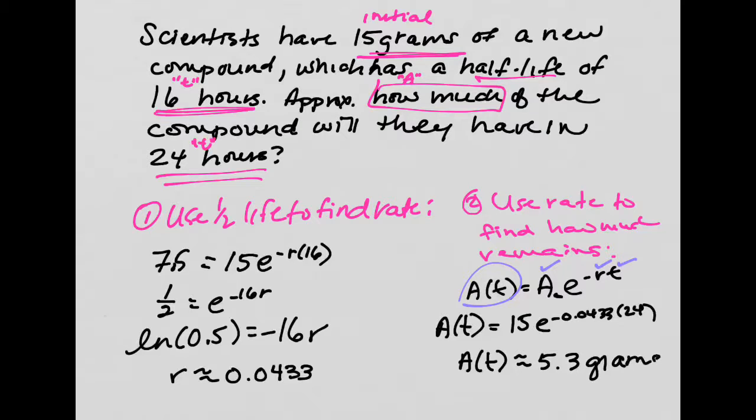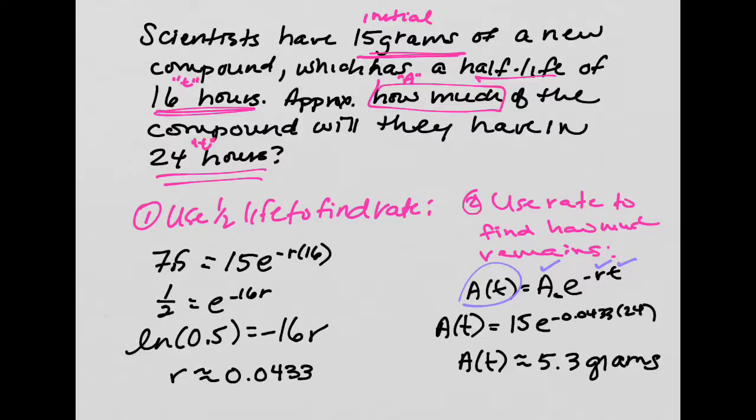And again, if we think about it, it should make sense. The half-life of this is 16 hours. So after 16 hours, we have 7.5 grams left. 24 hours is half of another half-life away, right? 32 hours would be a second half-life.